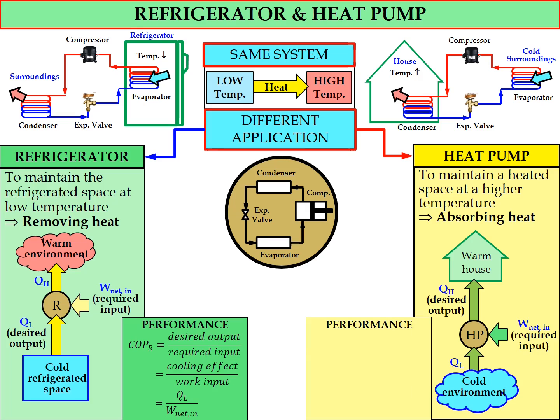In terms of performance for the heat pump, we can calculate it using this formula, where COPHP equals desired output divided by required input, also equal to heating effect divided by W input or work input. If we use the symbols in the schematic diagram, COPHP equals QH divided by W net in.